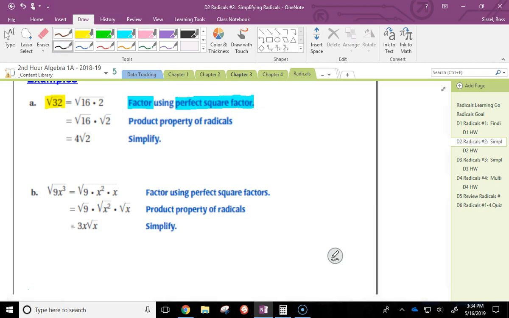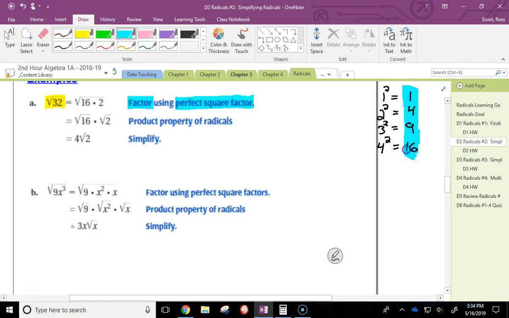Remember, perfect square factors are like 1 squared equals 1, 2 squared is 4, 3 squared is 9, 4 squared is 16, and so on. The ones over here are the perfect square factors that we're looking for.